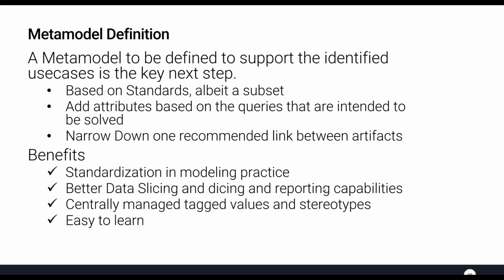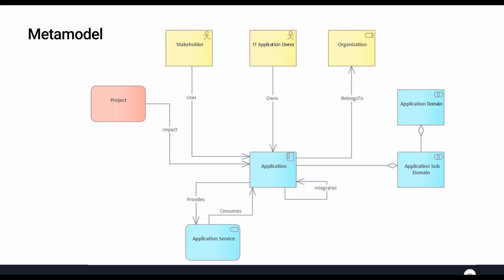Why do we have to narrow down everything else? I'll just show you as we go through the meta model. But the identified meta model is simple, an application and everything around it. So the stakeholders, the owners, the organizations, the domain hierarchy that it belongs to, an application service that it provides or consumes from, and the project that may be impacting this application in the transformation program.